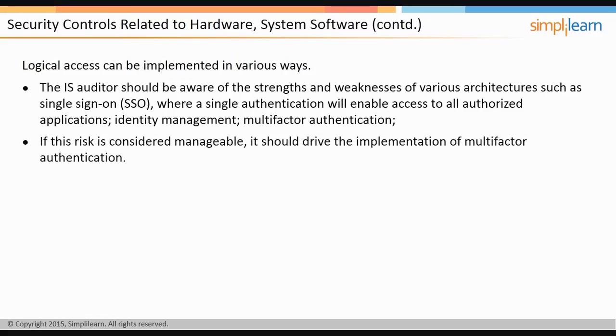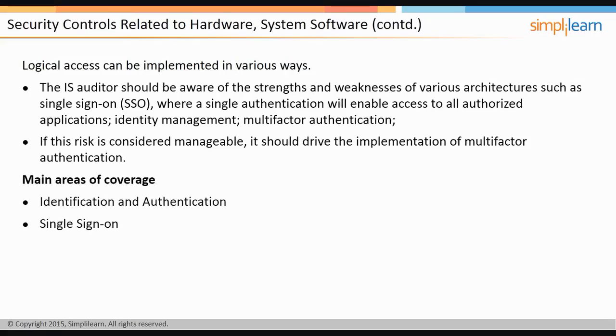If this risk is considered manageable, it should drive the implementation of multi-factor authentication. The main areas covered here are identification and authentication, and single sign-on. In the next screen, we will discuss identification and authentication.